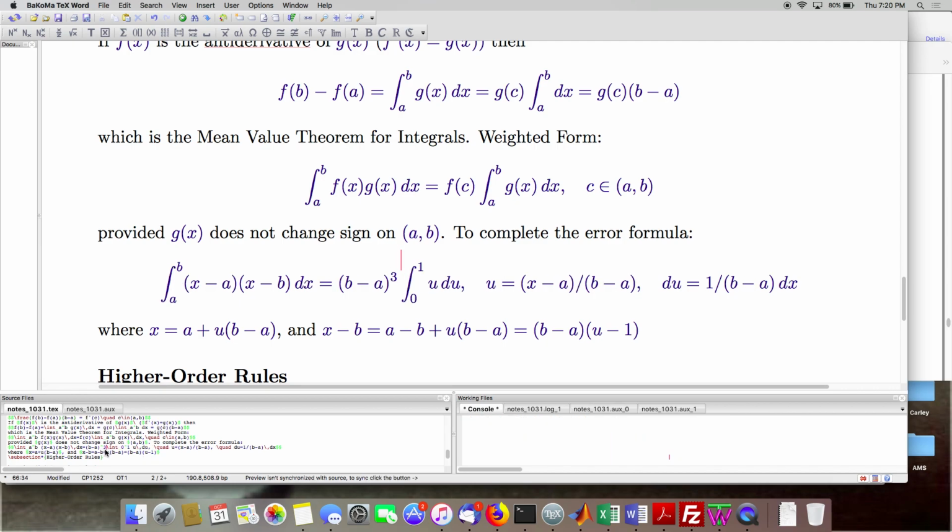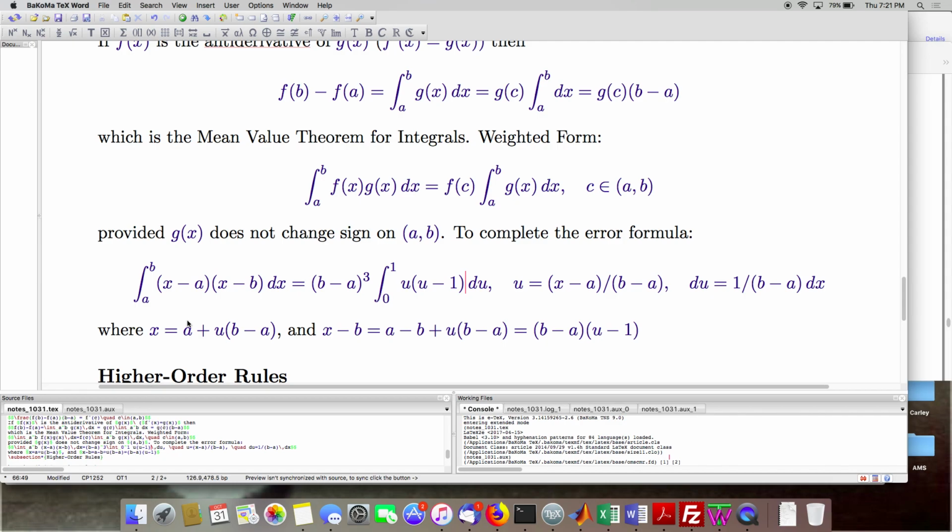And then I have u times u minus 1. So this integral is equivalent to this one. And I just went through a heck of a lot of calculus to avoid a lot of tedious algebra. And who knows, maybe if I just worked this out directly, I could have possibly saved time, but actually the algebra would have been pretty tedious.